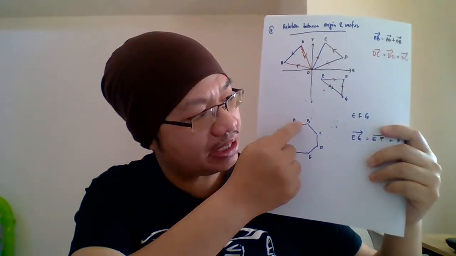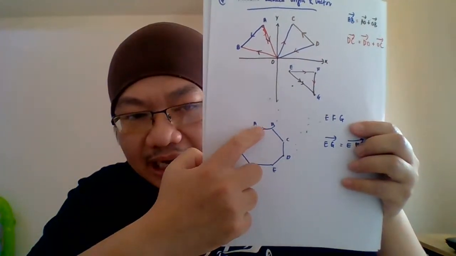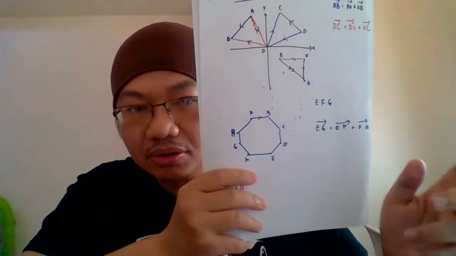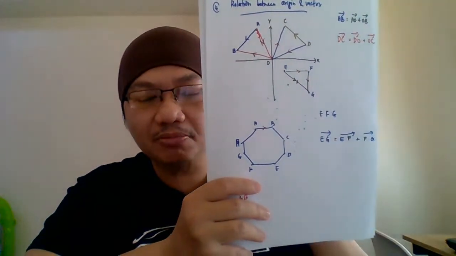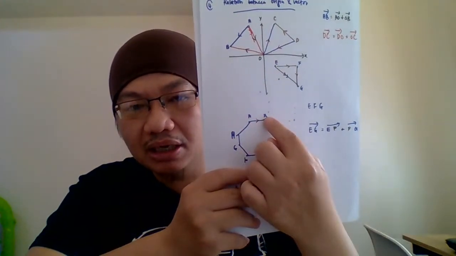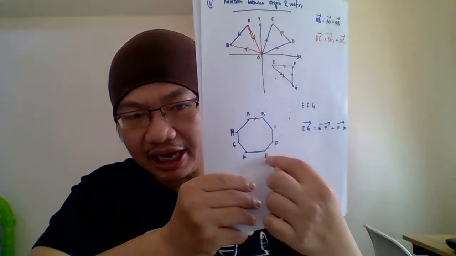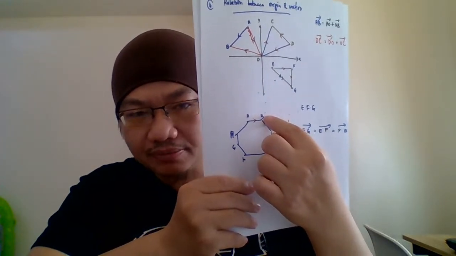Let's say I want to find the vector AB. So how do we find the vector AB here? I told you if you want to find the vector, it must produce a closed shape. That means from A going to B, you must move from your A to this H, and rotate until the final is going to B. So you must write down your formula A at the start and B at the end.